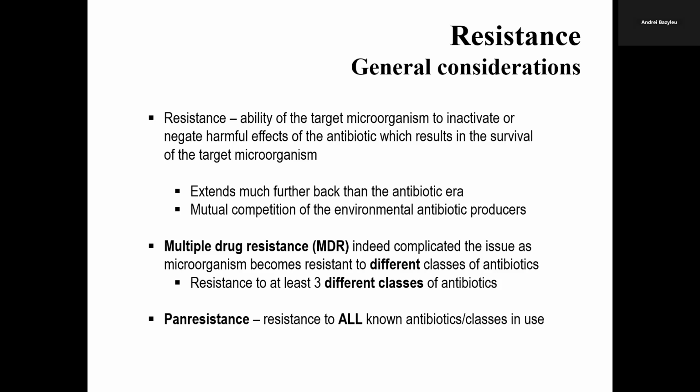We will look at some of the mechanisms in detail today, so we'll cover that. And the more you use antibiotics, the more you're selecting for bacterial species as well as molecular elements like plasmids and transposons, all those molecular vehicles, genetic carriers of those antibiotic resistance genes.